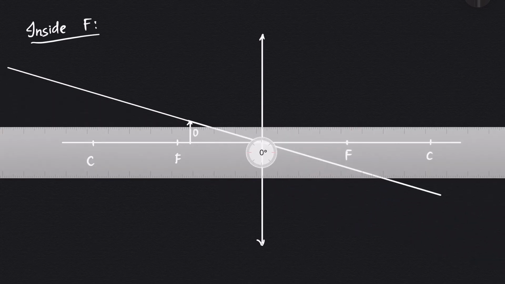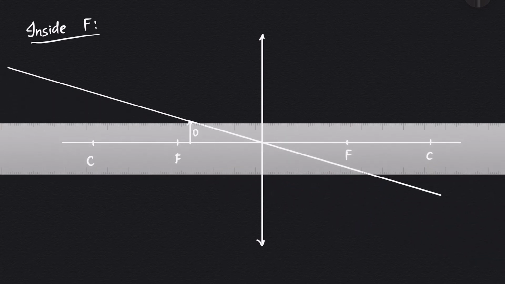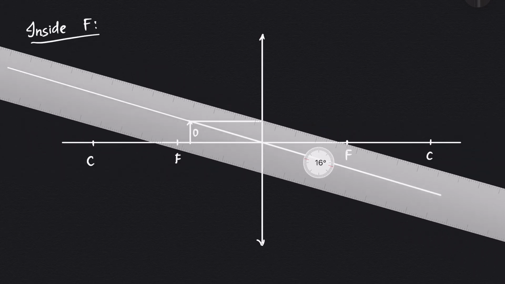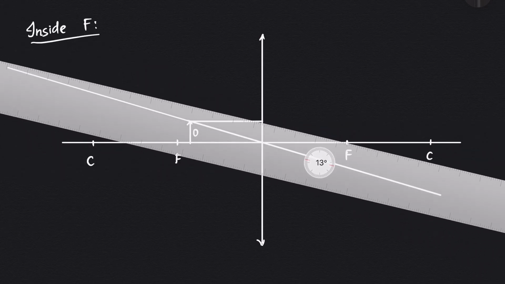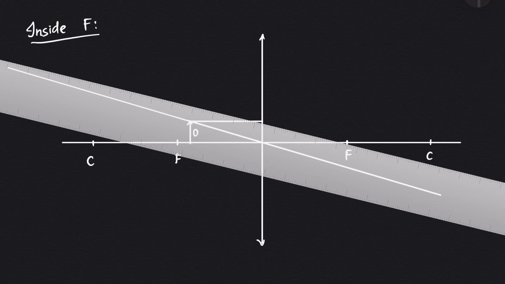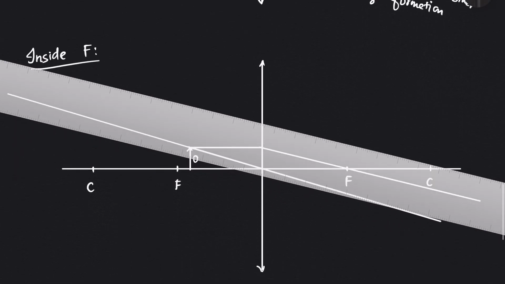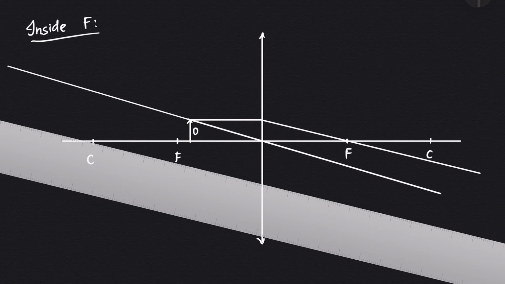The next line is to draw a parallel line from the object to the center and pass it through the focus. Now if you notice, these 2 are actually going away from each other, which means that this object will also have the same issue.